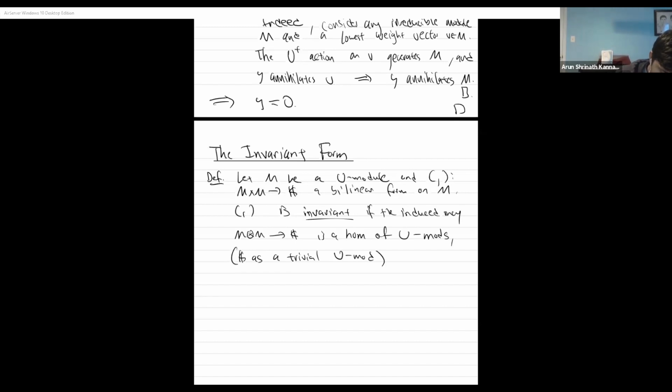So by definition, this means that for all u in U and m, m prime in M, um paired with m prime is the same as m paired with S of u m prime.